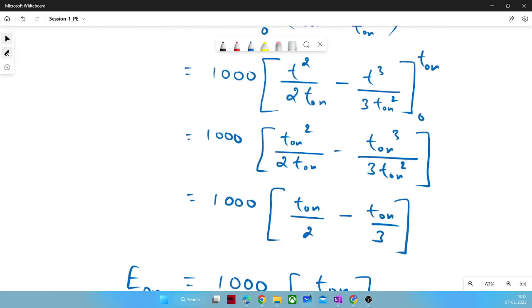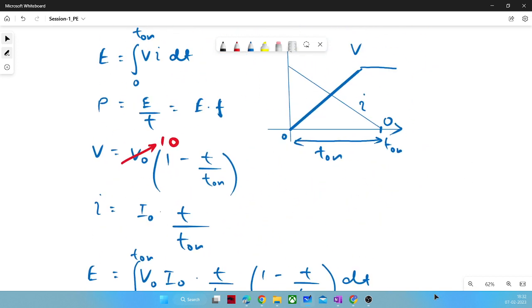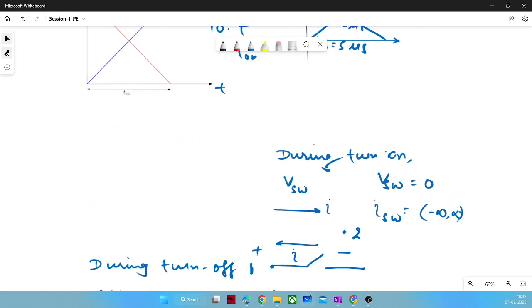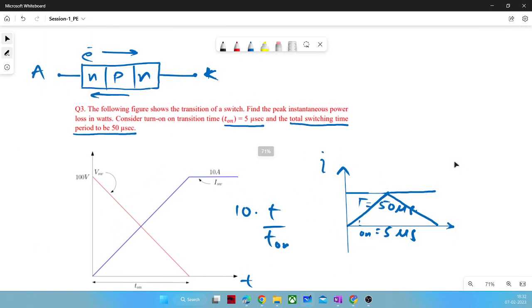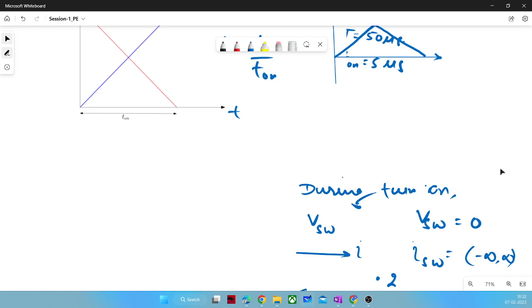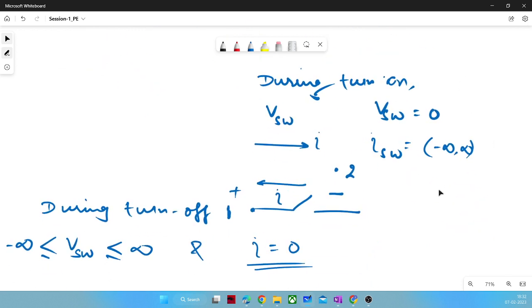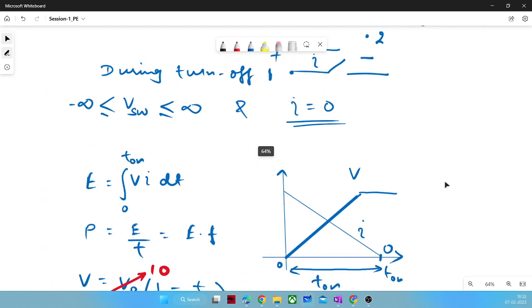Basically, the problem was about computing peak instantaneous power. If we know this basic approach, then we can easily find out the peak instantaneous power. So this is the total power lost during turn-on transition. Yeah, I will send the link for the recorded video. Don't worry.